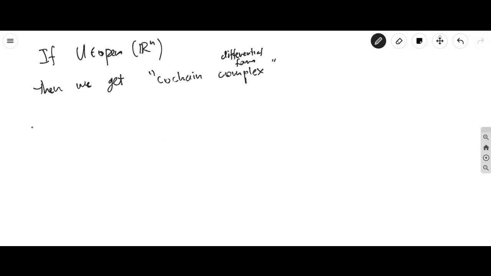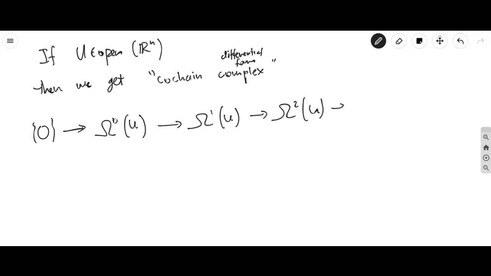You start with 0, the set containing 0, and then you map that into 0 forms on U, then into 1 forms on U, then 2 forms on U, and so on, by using the d operator on each of these. At the beginning, you just artificially map it by 0 because you need to start somewhere, but the other ones just go up. This should remind you of the chain complex on a topological space when we get homology, but the boundary maps go down. The exterior derivative maps go up in degree.